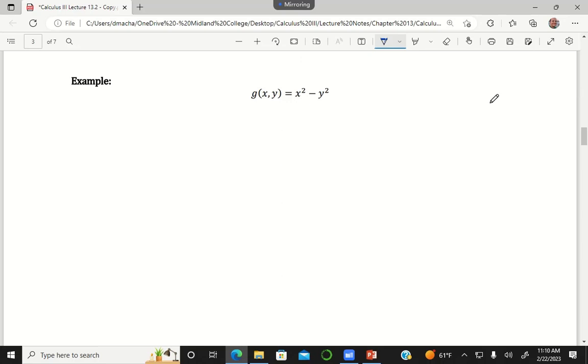I've got g of x and y. So this is a multivariable function with 2 input variables. But this function is just a polynomial of 2 variables, right? I just have natural number powers of my independent variables. And so this is going to be continuous everywhere, since this is a polynomial of 2 variables.